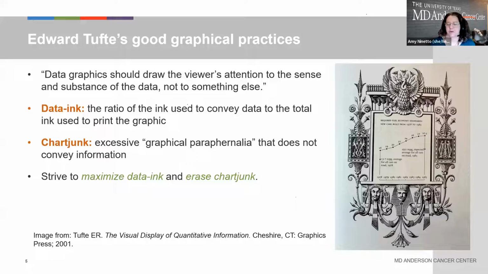And this example from Tufte's book is kind of a funny one with all this Baroque illustration on a very simple graph about fuel economy standards. But chart junk can also include things like grid lines, frames, three-dimensional effects, excessive labeling, excessive and kind of harsh use of color. So again, your goal should be to maximize the data ink ratio and erase as much chart junk as you can.